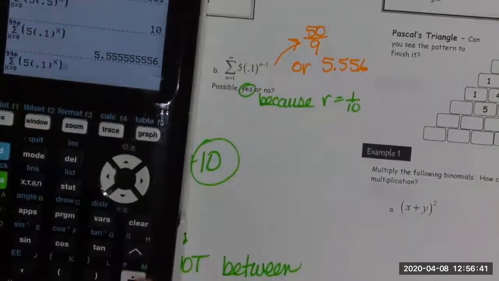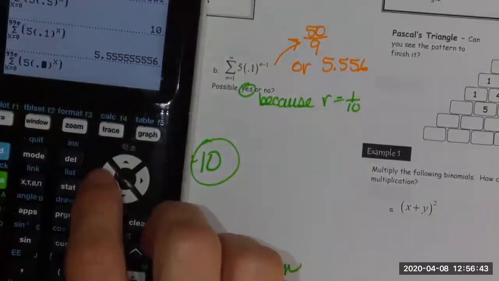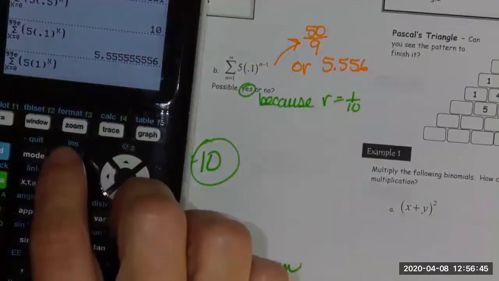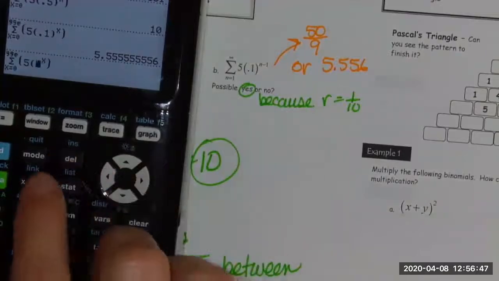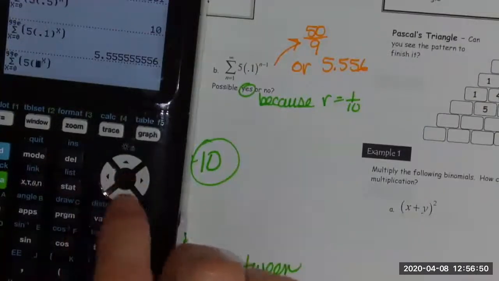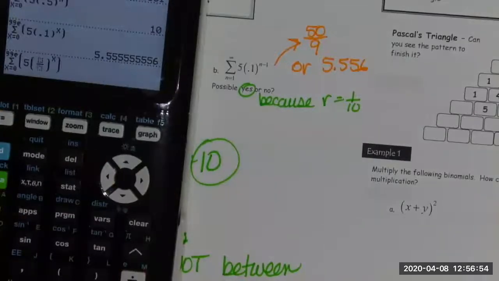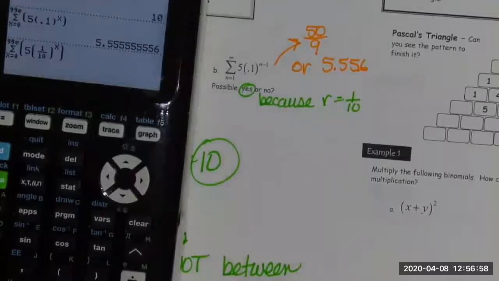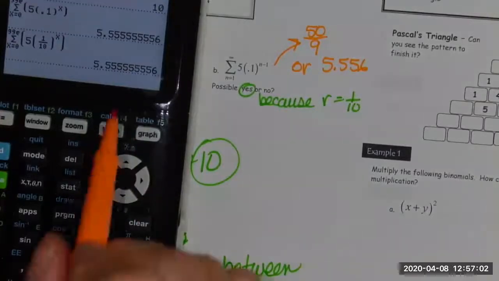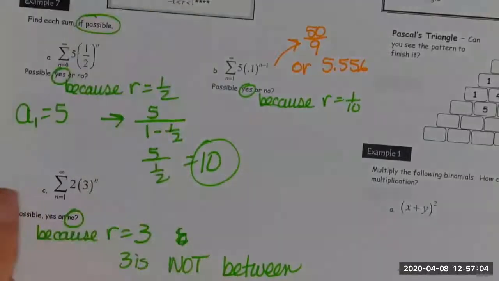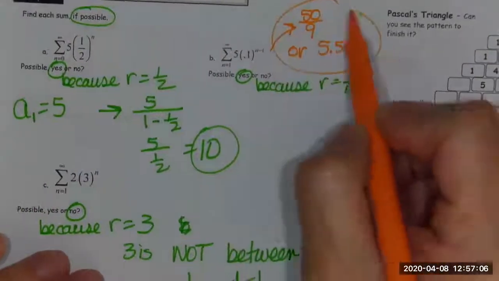If I copy this, I can go over here and delete that. I can put in alpha y equals a fraction, and I can do 1/10, and then it will give me the fraction answer. Oh, it didn't this time. Usually it does. But anyway, if you did it by hand, you would get this.